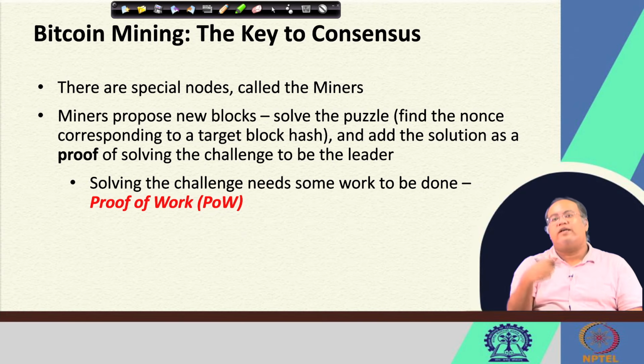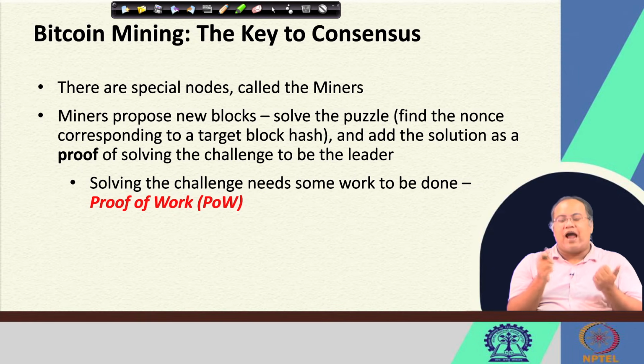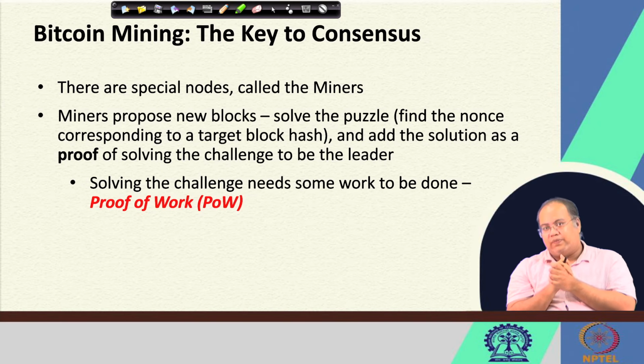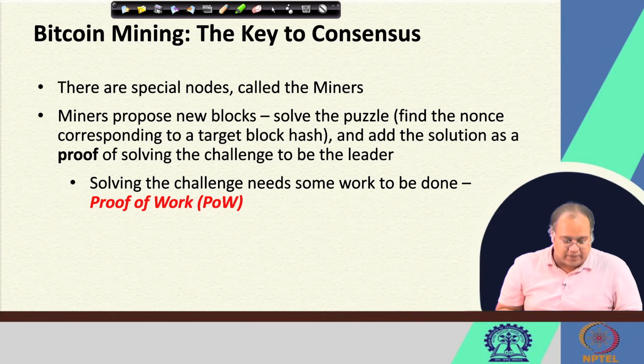Different people win at different rounds, so a single miner does not gain control over the entire blockchain. I will never be sure, when I have created a block, whether that block is going to get added or not.